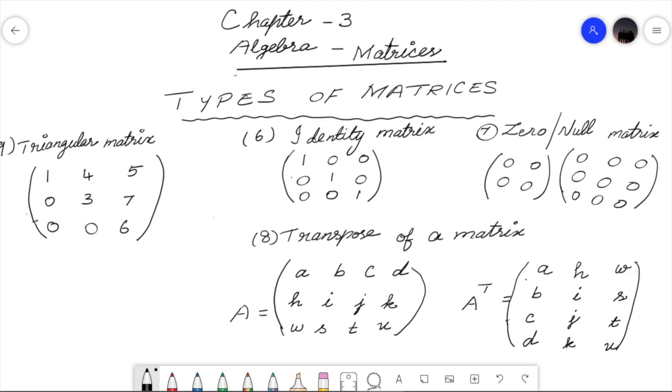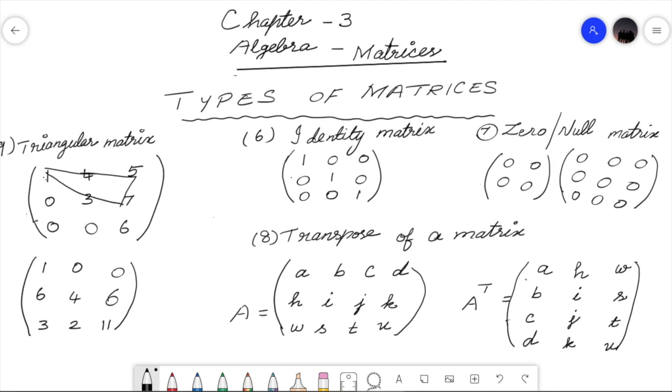If it is a lower triangular matrix, then it will be 1, 0, 0, 6, 4. Now you see, you can form a triangle. Yes or no?